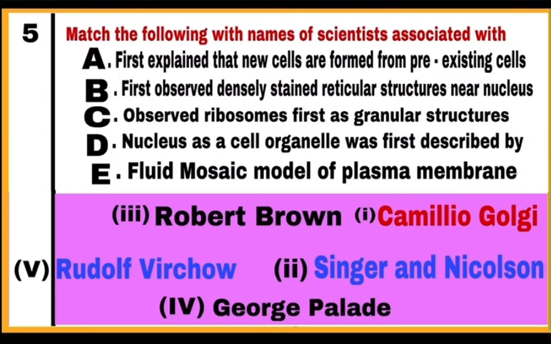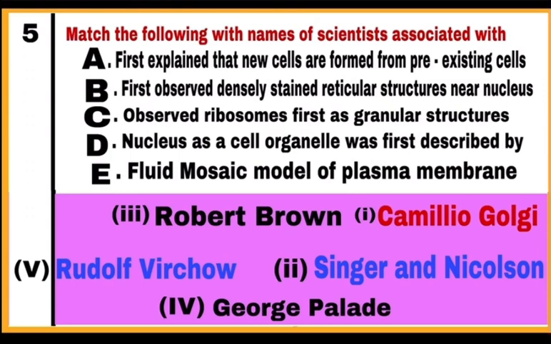C. Observed ribosomes first as granular structures. George Palade in 1953 first observed ribosomes. D. Nucleus as a cell organelle was first described by Robert Brown in 1831.